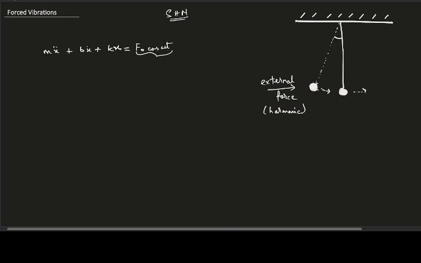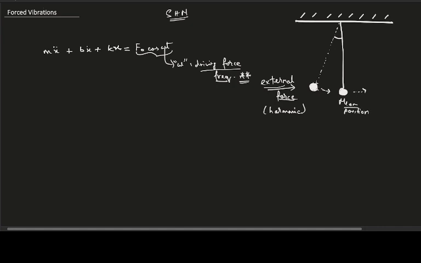It depends on the driving force frequency, that is the frequency of this external force that we are applying, that is our omega. This is a very important part of our solution. It will define how our bob oscillates and the angles that it will make on either side of its mean position. We know obviously this is our mean position.